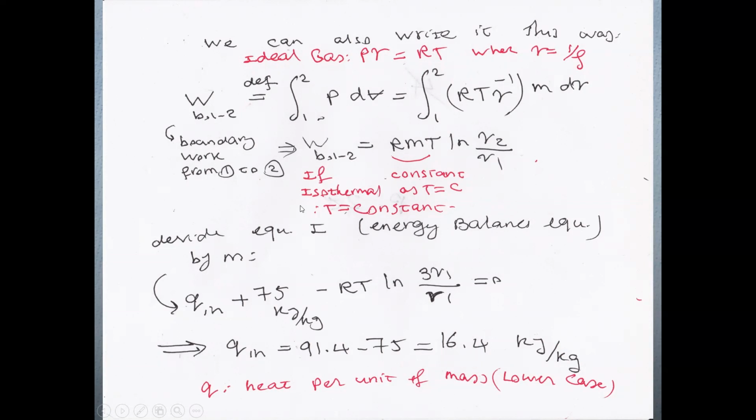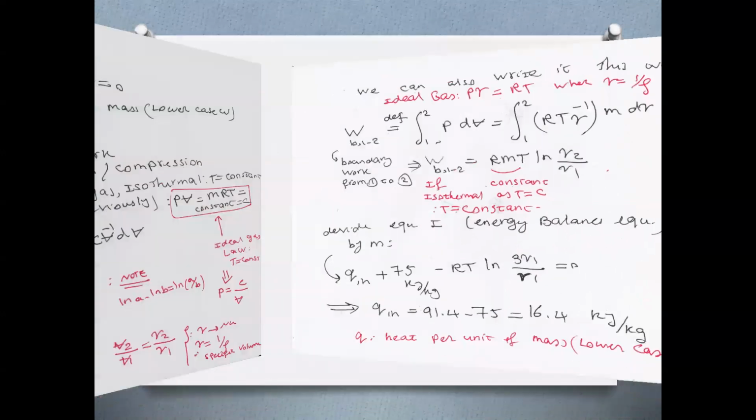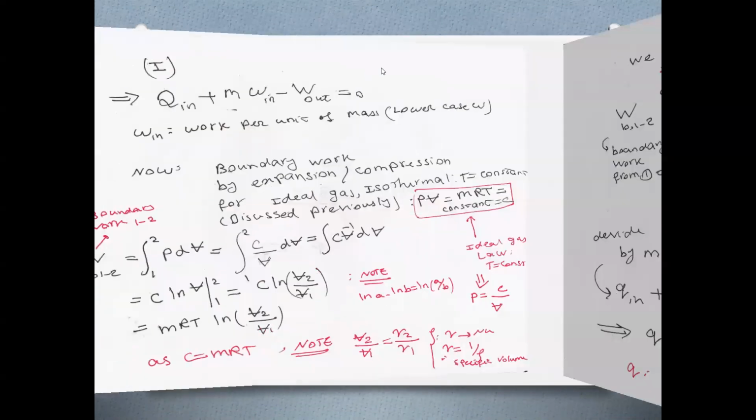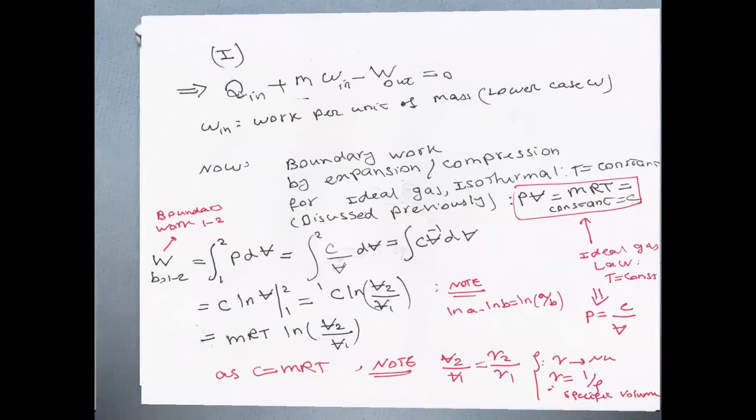So when you plug everything into the energy balance equation, let's go back. You have MRT ln of V2 over V1 for W, this part. We are looking for Q, so let's go back one step before.